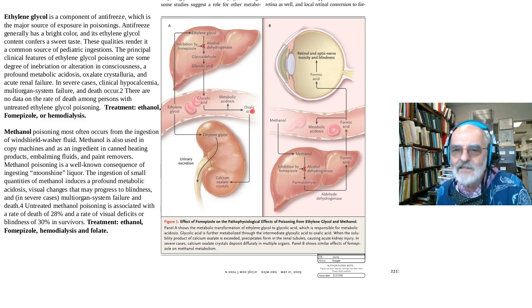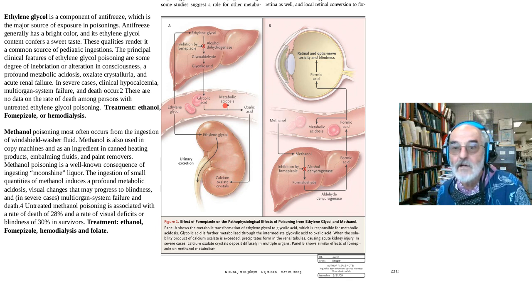Oxalic acid in combination with calcium is insoluble, and it will accumulate as this white substance in your kidney. Okay? And so if you can see a whitish substance or white particles in your urine and in the kidney, then that's partial evidence for ethylene glycol absorption.